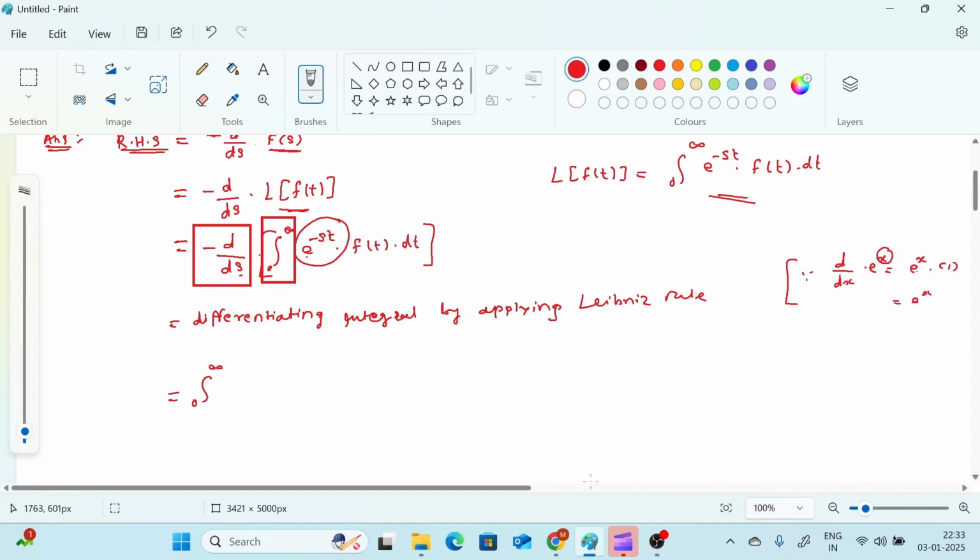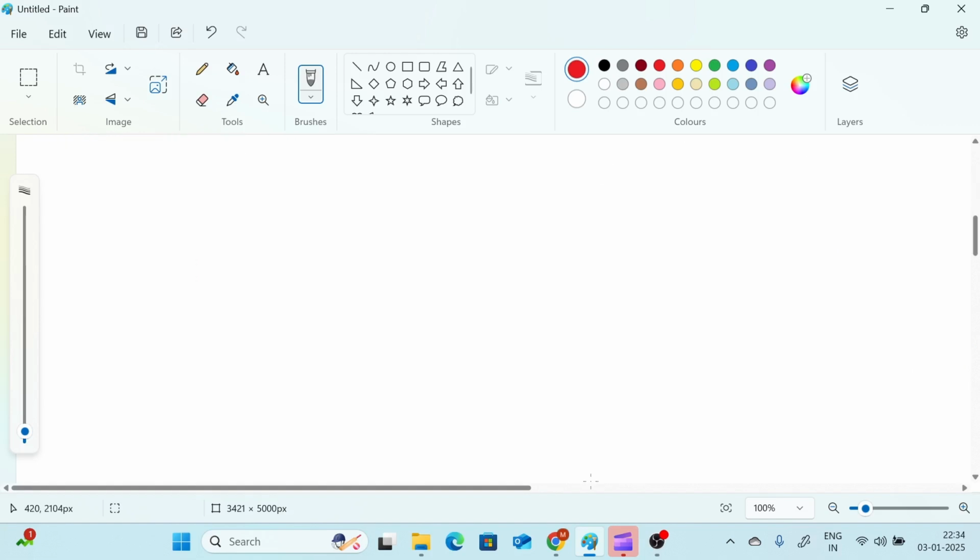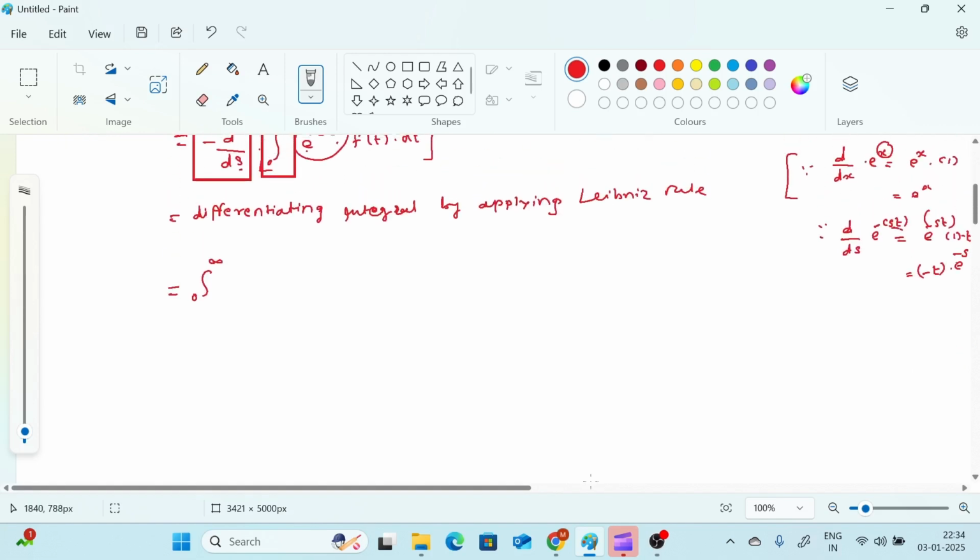In a similar way, here we have d by ds e raised to minus st. If I use the same, then e raised to minus st, and now t is constant. Here we have to differentiate st as well, so differentiation of s will be 1 into t. So minus t, because here we have the minus sign, into e raised to minus st.